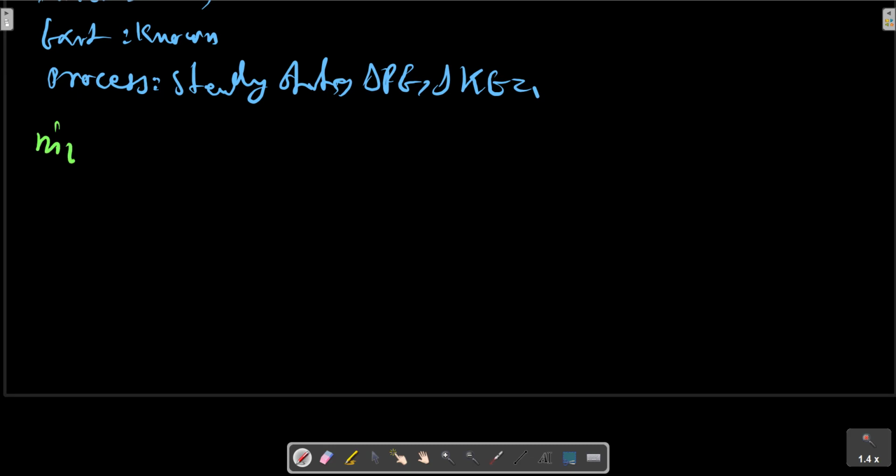For the continuity equation: m dot V1, m dot V2 for air. We don't have any condensing process.